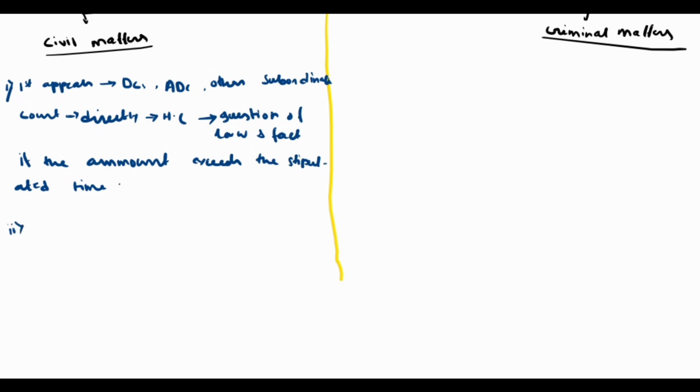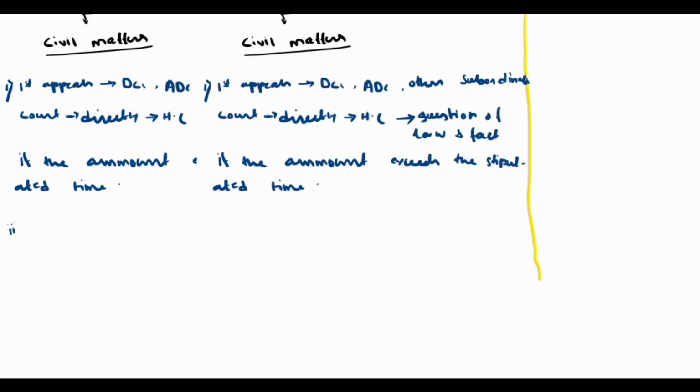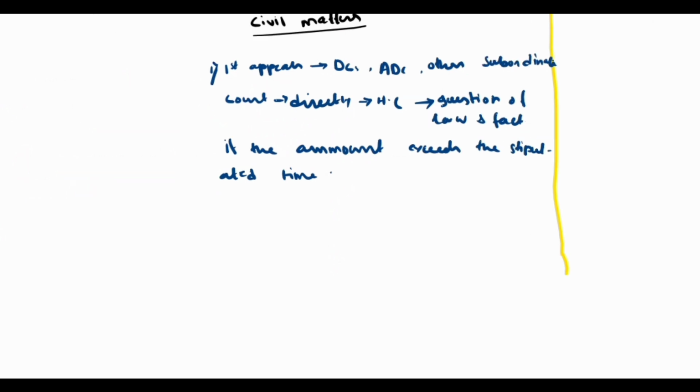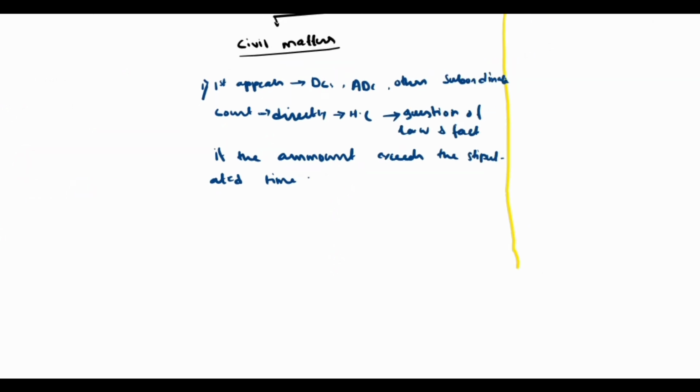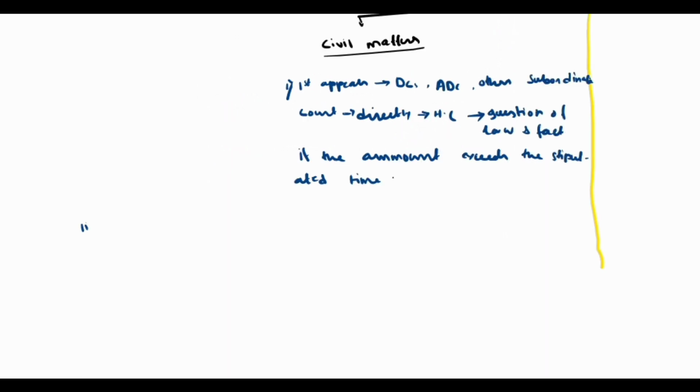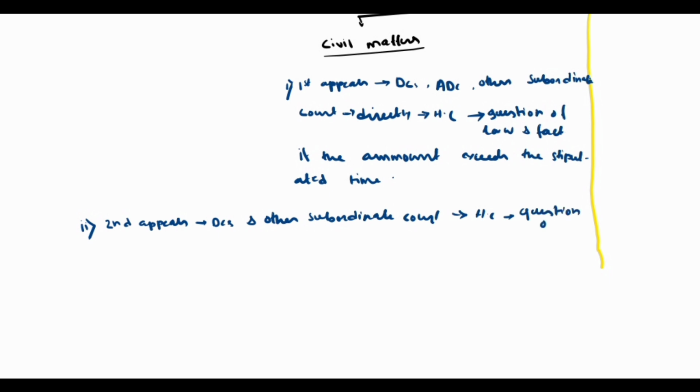Second one is second appeals from the judgment and order of district courts and other subordinate courts lie to the High Court on questions of law only.